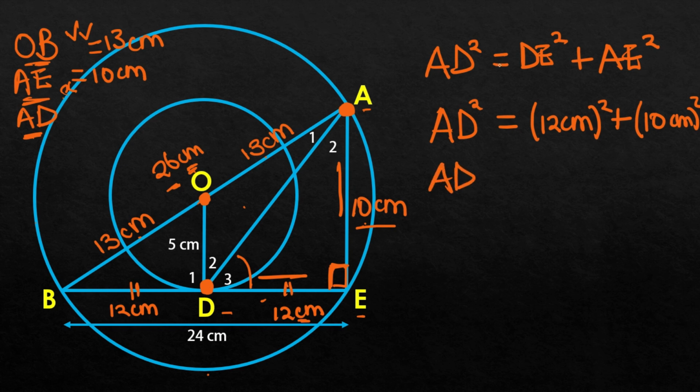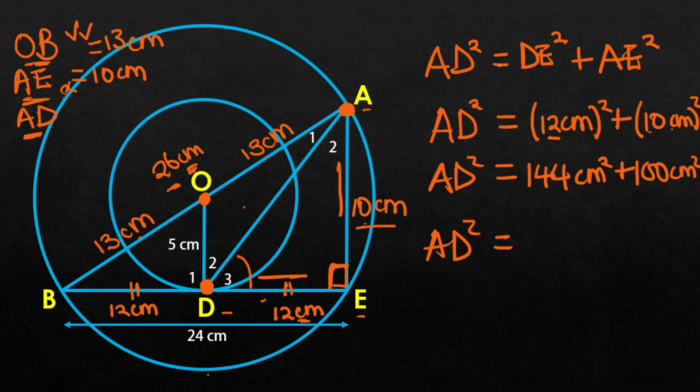So our AD squared will be 12 squared is 144 centimeters squared, plus 10 squared is 100 centimeters squared. So AD squared is going to be 144 plus 100, which is 244 centimeters squared.